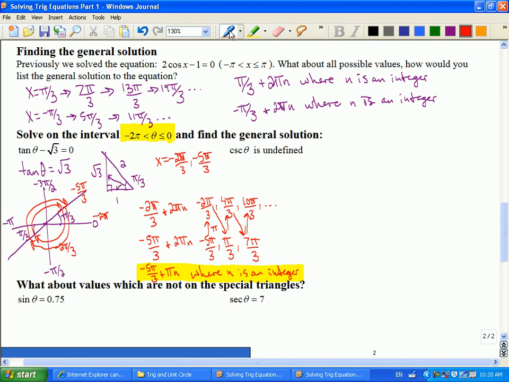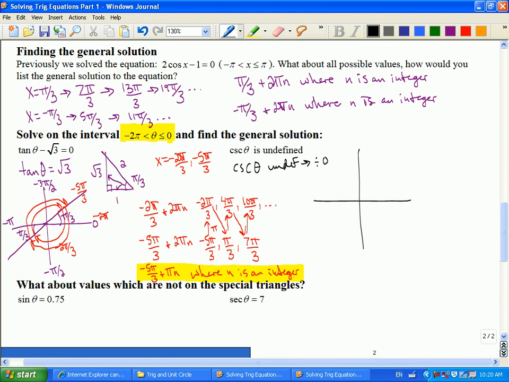It doesn't work, for example, in the next one, because if I just quickly show you, if cosecant is undefined, what does that mean? Do you remember, like when your calculator says, oh, yeah, that means we've probably divided by 0. Okay?